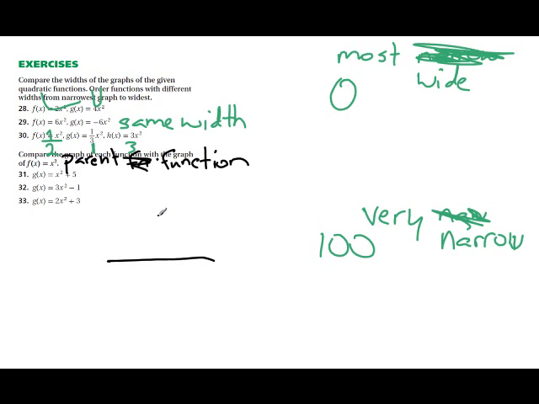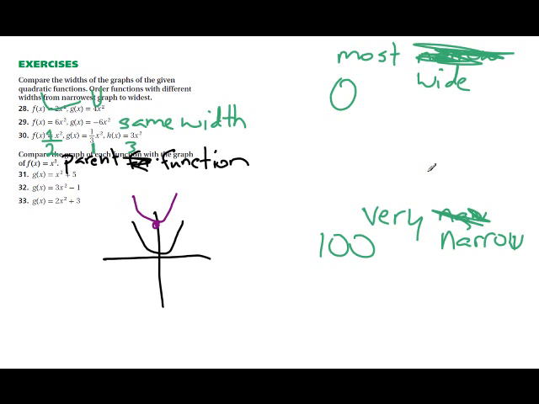Our x squared is our most basic looking little u. If we have x squared plus 5, it's going to be that exact same thing, only further up. And our vertex, instead of being at 0, 0, would be at 0, 5.